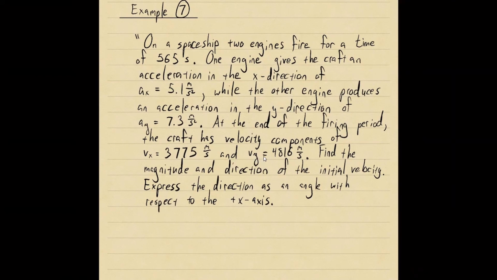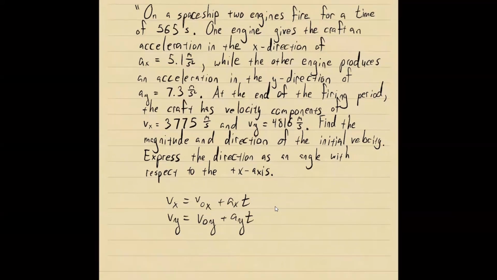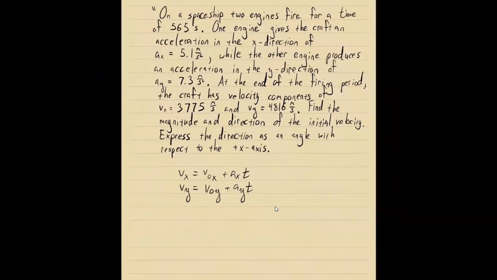So if we use the final x component is equal to the initial velocity's x component plus acceleration in the x direction times time, and final y component is equal to our initial velocity's y component plus acceleration in the y direction times time, then we can use this to figure out what the x and y components for our initial velocity are. So let's write down a little bit about what we know. We know that the time that these engines are firing is 565 seconds.